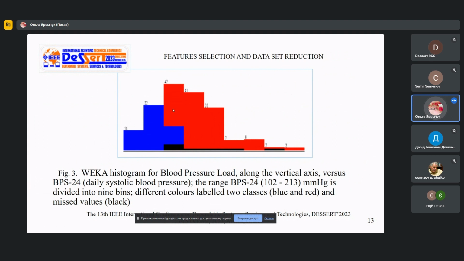The range of BPS 24 was from 102 to 213 millimeters of mercury, divided into 9 bins, with different colors labeled for 2 classes, blue and red, and missing values labeled in black.